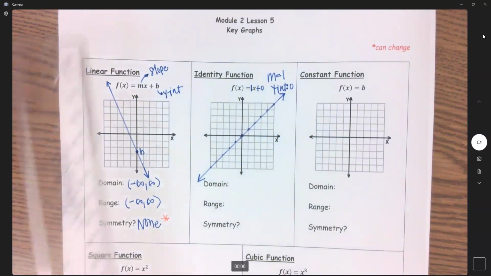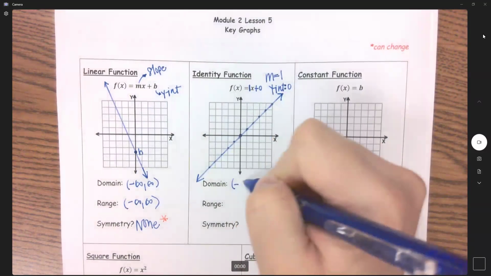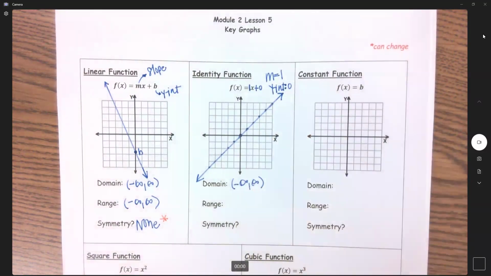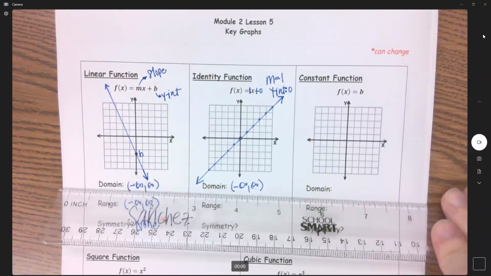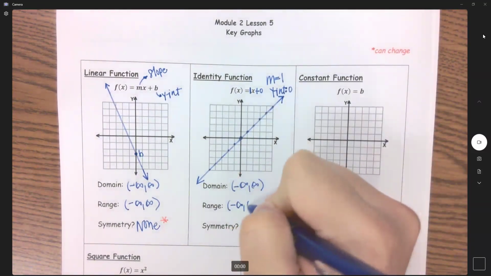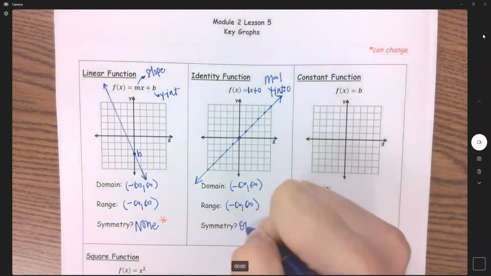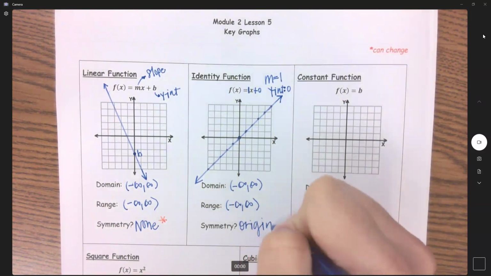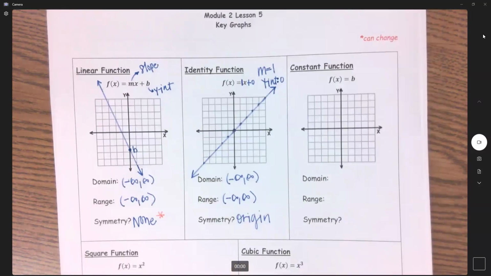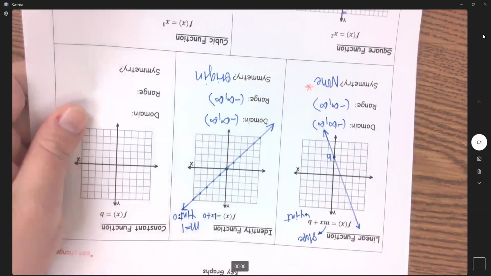So the domain is again negative infinity to infinity. My range is also negative infinity to infinity. And this one is what we call origin symmetry. And origin symmetry means if I took my paper and flipped it upside down, that's the exact same line, that's the exact same graph that we get.